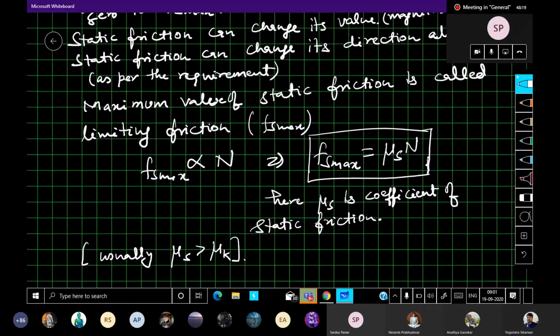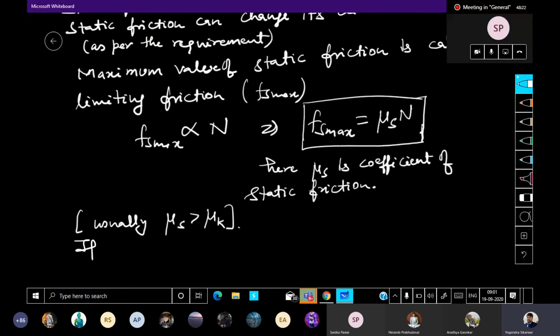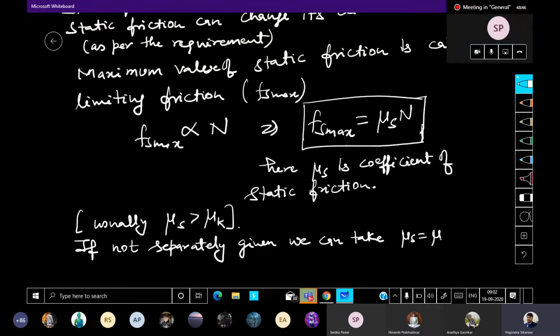If not separately given, we can take mu S is equal to mu K is equal to mu.